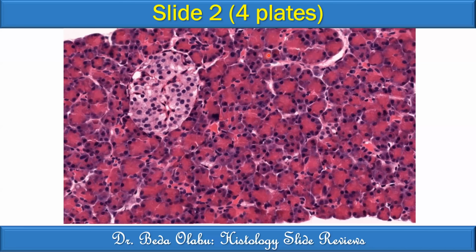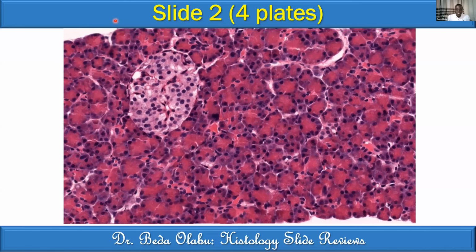Maybe now the serous acini can be seen much more clearly over there. Okay, is that what you call Langerhans? Okay. Let me give you a ruling on it then.